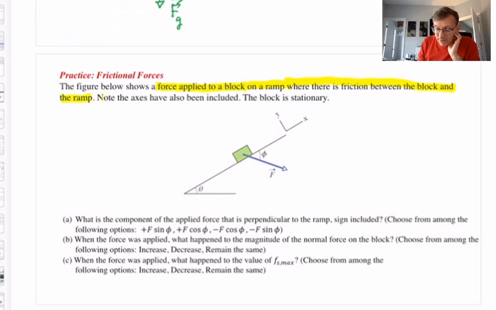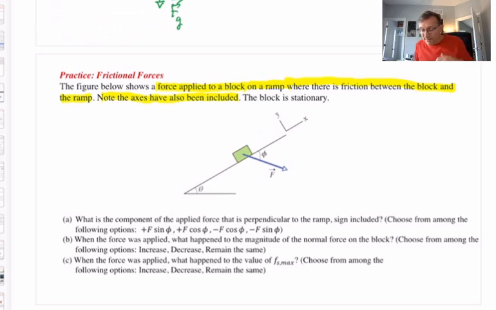And axes have been chosen for me, x and y, where x is parallel to the surface and y is perpendicular. Note then, this applied force F, like you can imagine it's coming from you or me, pushing the block on the inclined surface, kind of down and to the right. Okay? And that's the applied force, right there.